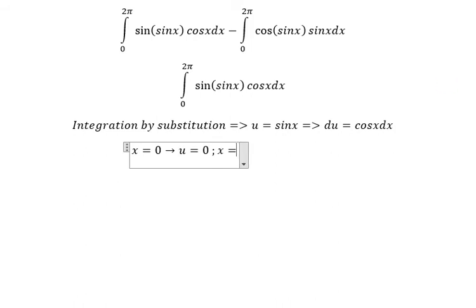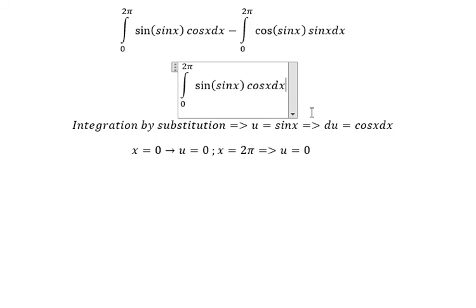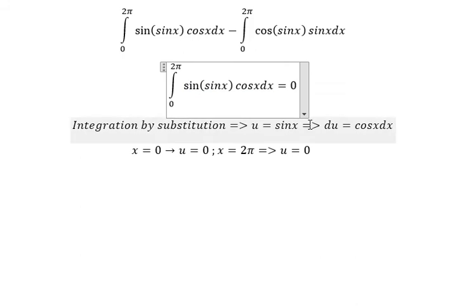If x equals 2π, then u equals 0. So here we don't need to calculate this integral, because the bottom and the top have the same value, that is 0. So we can say this is equal to 0.